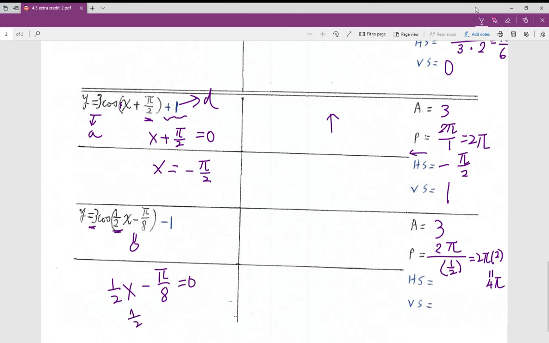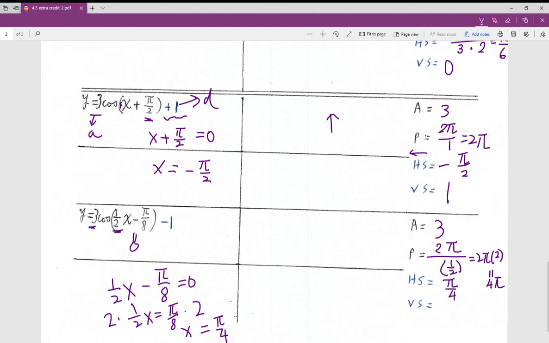So 1/2 x moves for pi over 8. Let me write it better. You times 2 on both sides. So 1x you move for pi over 4. So this is a pi over 4 shift.